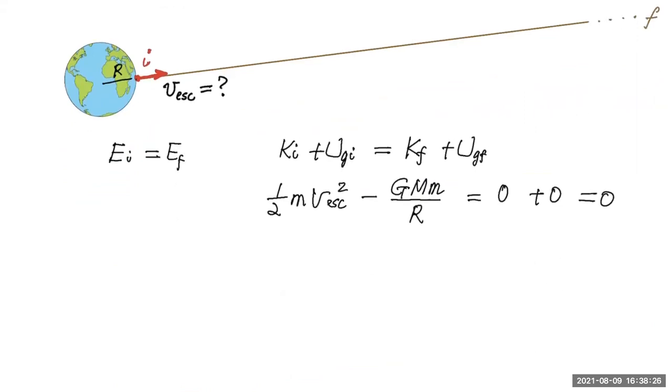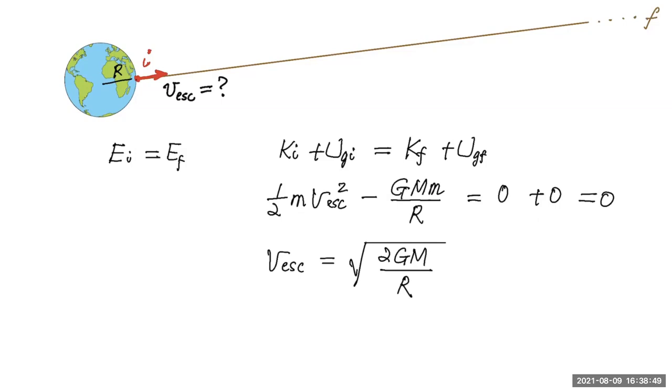I can easily solve for V escape. So V escape equals, what is that equal to? The square root of 2G times the mass of the Earth over the radius of the Earth.